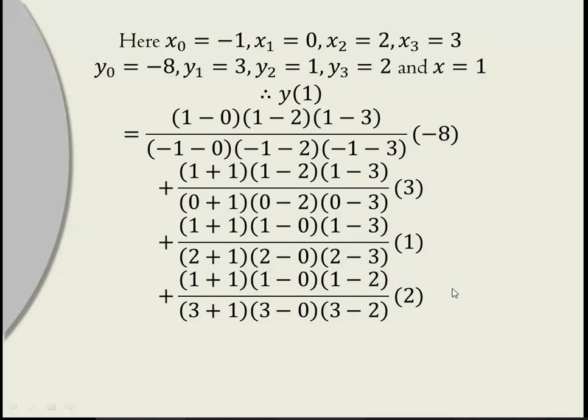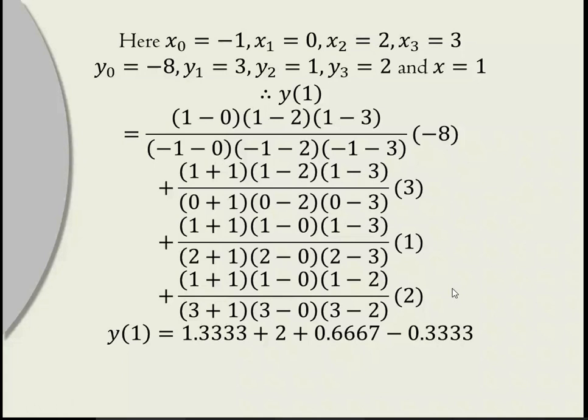And you can see all these terms come out to be 1.333 plus 2 plus 0.6667 minus 0.3333. And then simplify it, get the answer. So value of y at x equal to 1 is 3.6667. Okay, so it is very easy.